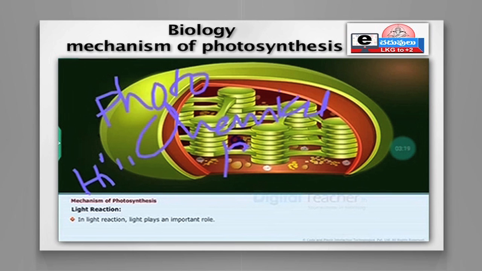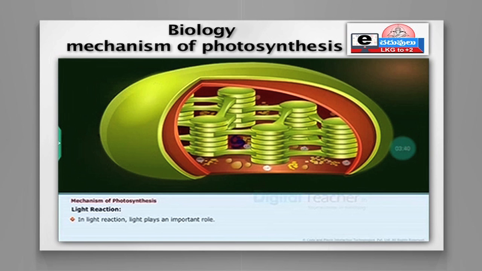That's why it is called the Hill reaction. Is it clear? The other names of the light reaction are photochemical phase, light dependent reaction, and Hill reaction, because it was discovered by Robert Hill.